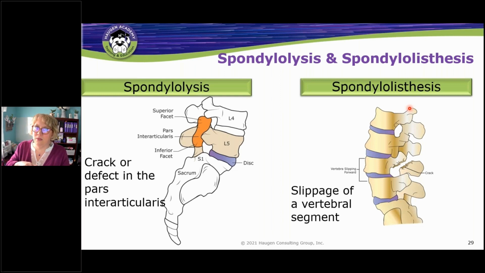When one of those bones is displaced and pushed forward, then you get compression on the spinal cord, and there can be a lot of problems associated with that. This can be degenerative, so you can have spondylosis and spondylolysis that leads to spondylolisthesis. And I think spondylolisthesis is a little bit easier to differentiate. Again, look for that LOL, which is no laughing matter.